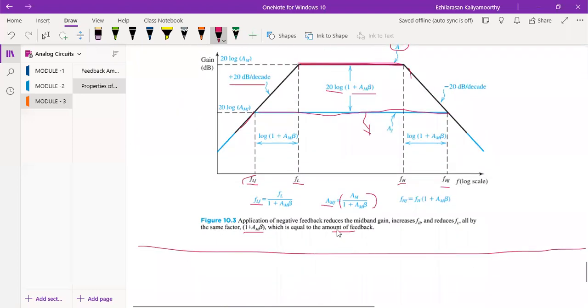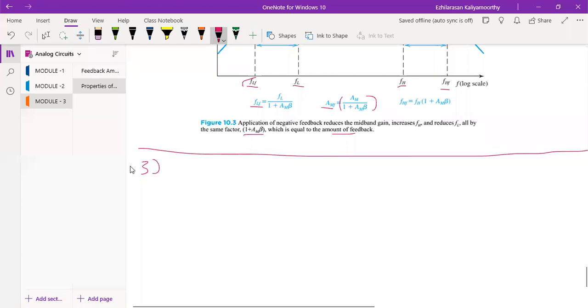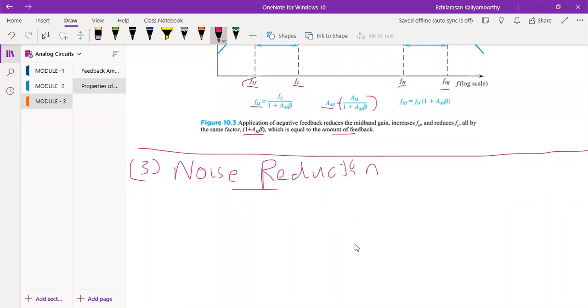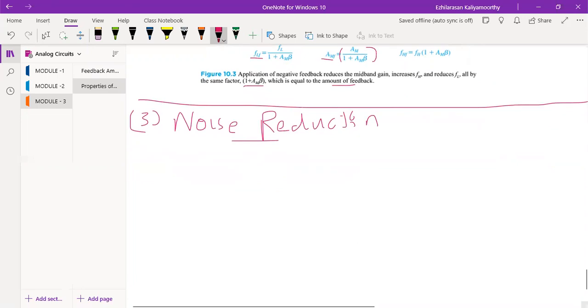Next, the third is noise reduction. This is one of the main advantages or characteristics of the negative feedback amplifier, that you can reduce the noise. Now let us consider this figure.